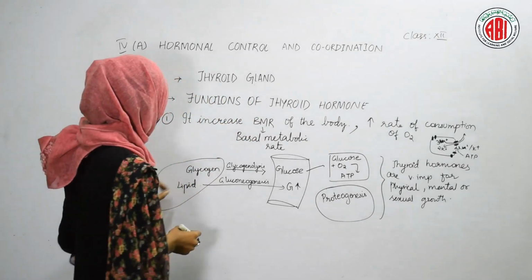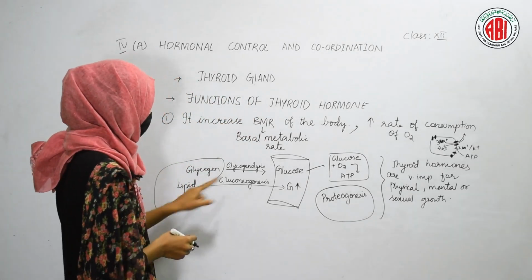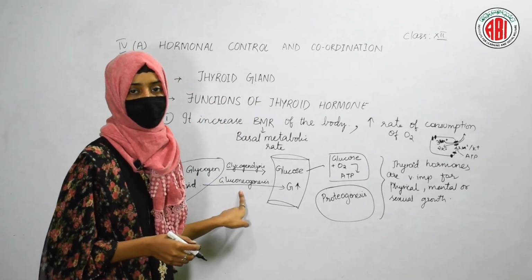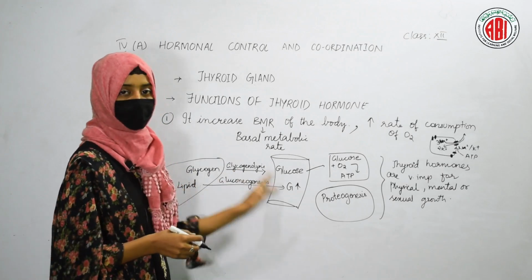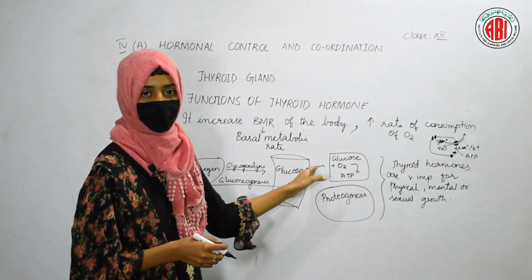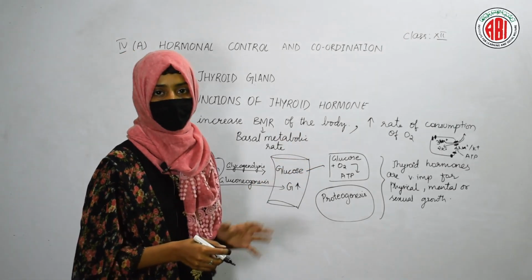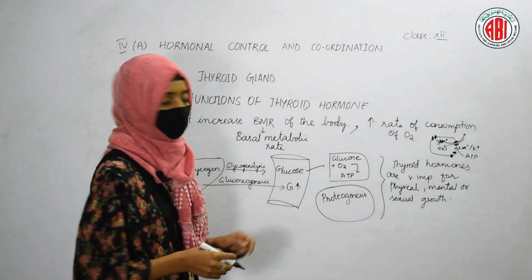In a similar manner, lipid can also be broken down, and we call this process gluconeogenesis. By the process of gluconeogenesis, lipid can be converted into glucose that can be transferred into the cells in order to provide ATP, energy molecules.